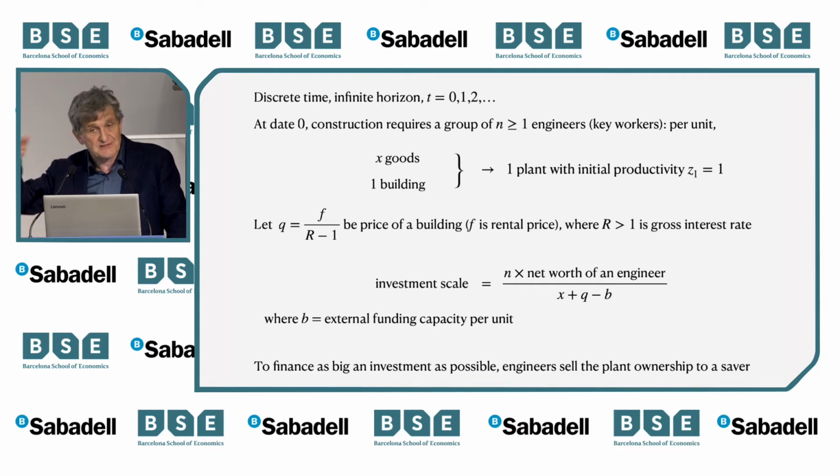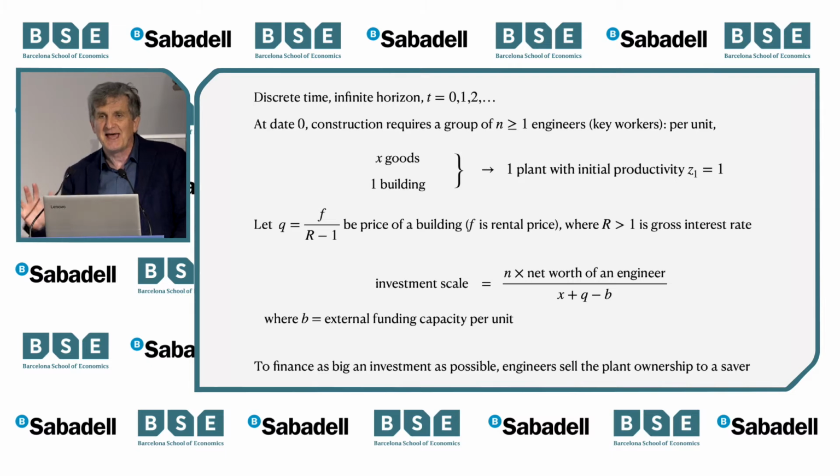I say we in the sense of me or my other Johns up here on the stage and you, the deep pockets, today at date naught on Friday. Now, the scale of investment is this critical ratio. There are N of us, N Johns, and we each put in our net worth on Friday.